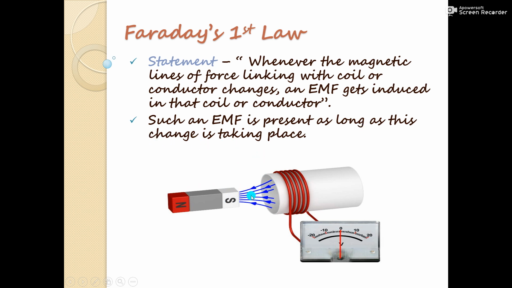You can see in the diagram, whenever there is a change in the magnetic field associated with the coil, EMF gets induced, and that can be seen by the galvanometer deflection.